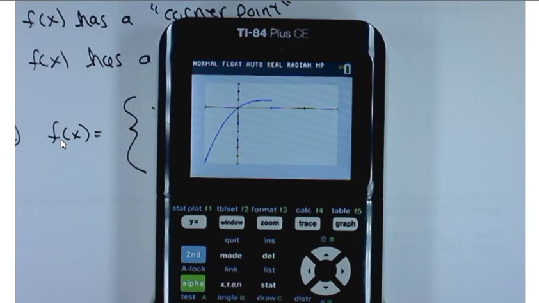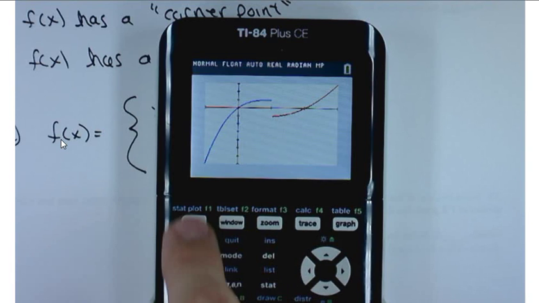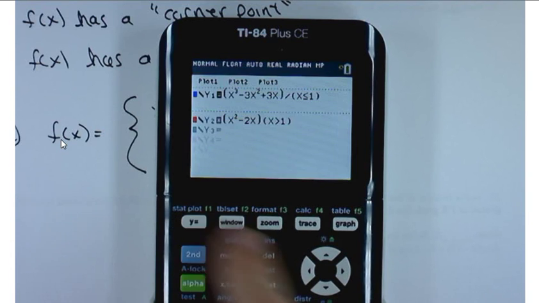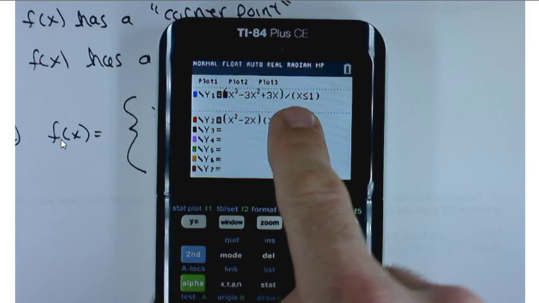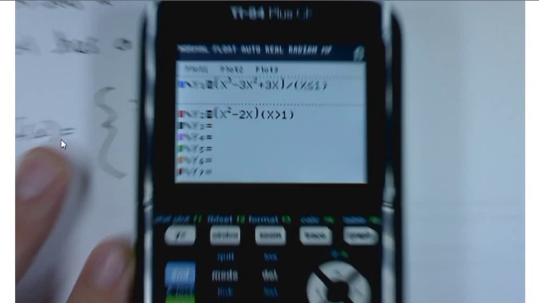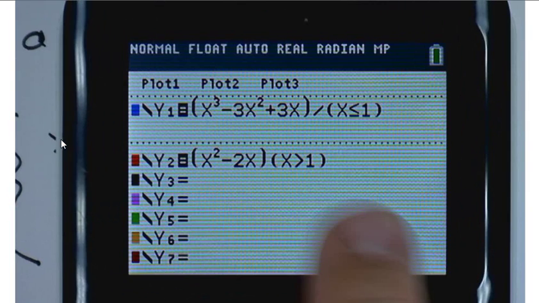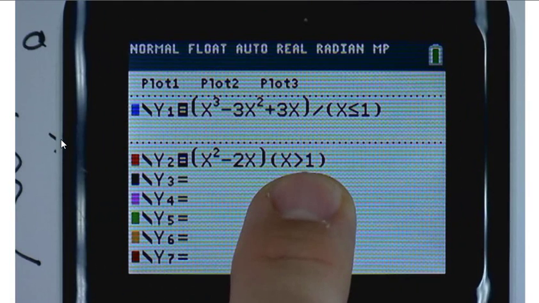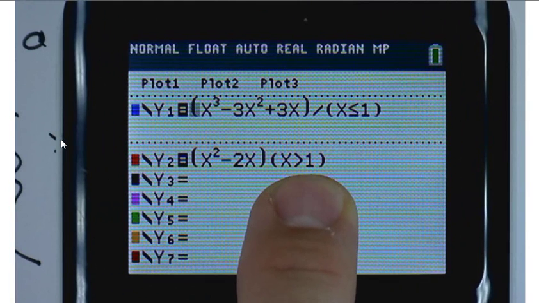So what that test condition does, that x is less than or equal to 1 or x is greater than 1, is it's like multiplying by either a 0 or a 1. So when this is true, it has a value of 1, so it's like multiplying by 1.